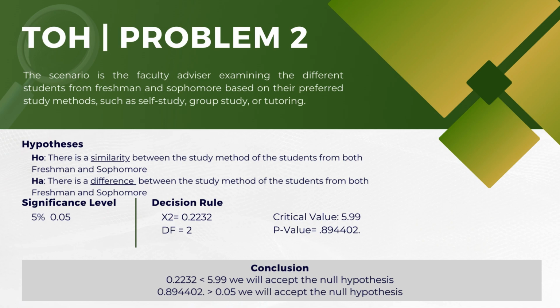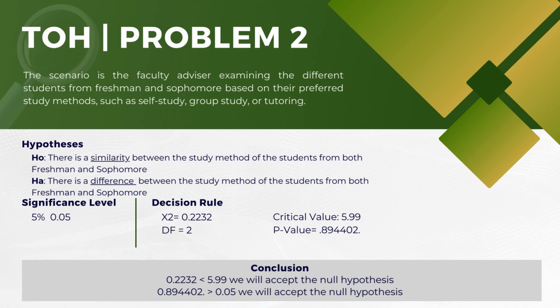So we can get our critical value using the significance level and the degrees of freedom. So we get the result of 5.99, while our p-value is 0.894402.